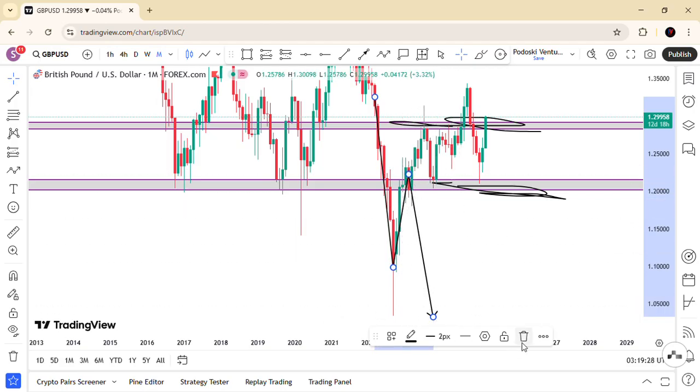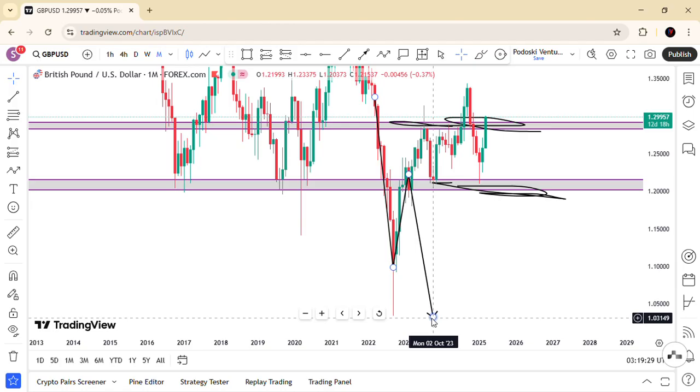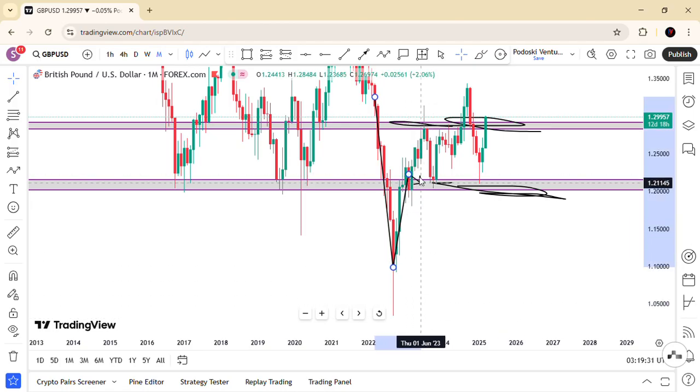But when price got here, the buyers were stronger than the sellers, so the buyers were able to push price all the way here. And when it got there, it saw selling pressure, then it dropped, touching the previous monthly low.